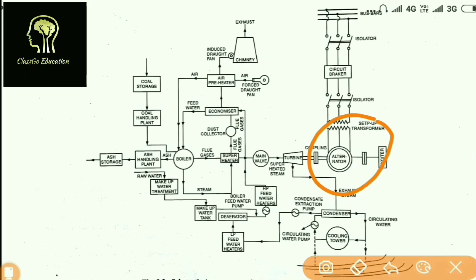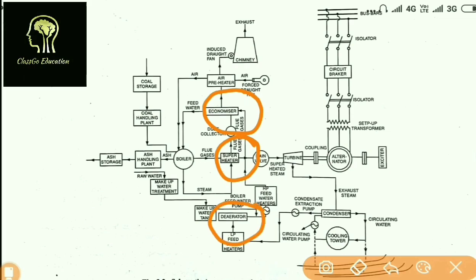Over here you can see the important sections which every steam power plant engineer should know: the air preheater and its role, the economizer, the superheater, and the deaerator. These are the crucial equipment used in a steam power plant.